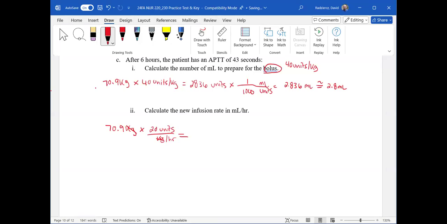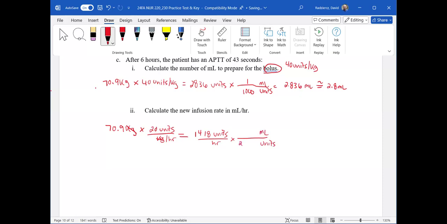So 70.9 times 20 will give me 1,418. And that's units per hour. I don't want units per hour. I want milliliters per hour.